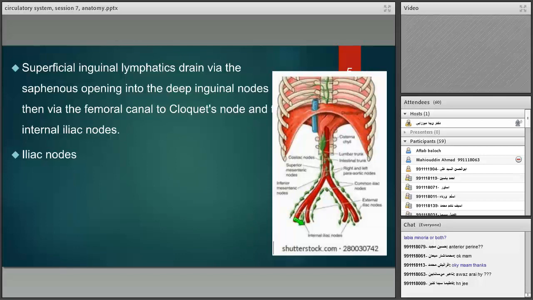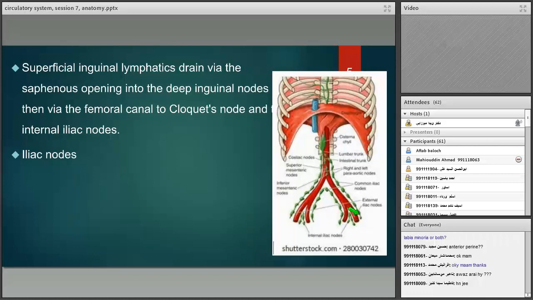Here we have the internal iliac nodes beside the internal iliac vessels, and also we have the external iliac nodes besides the external iliac vessels.